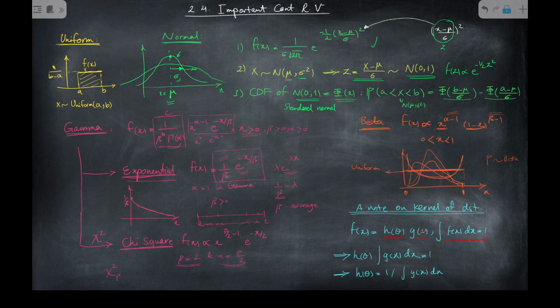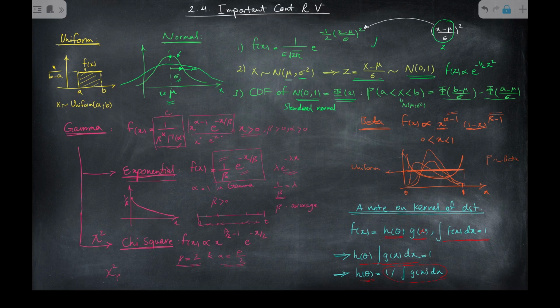Because of this equation for a probability function, it should integrate to 1. If you plug in that factorization, h times g, you can take out h because it doesn't depend on x, and then h is just 1 over this integral.